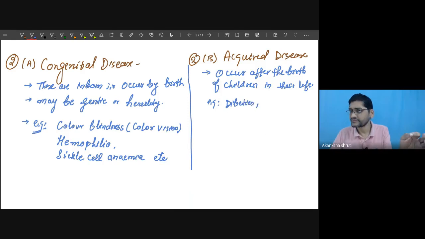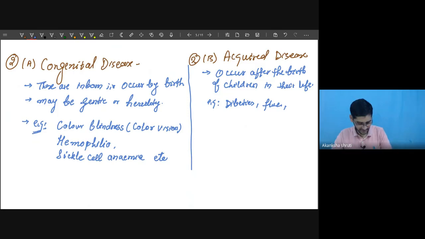Even diabetes, even cancer, even the common cold or the flu, even weakness because of malnourishment.